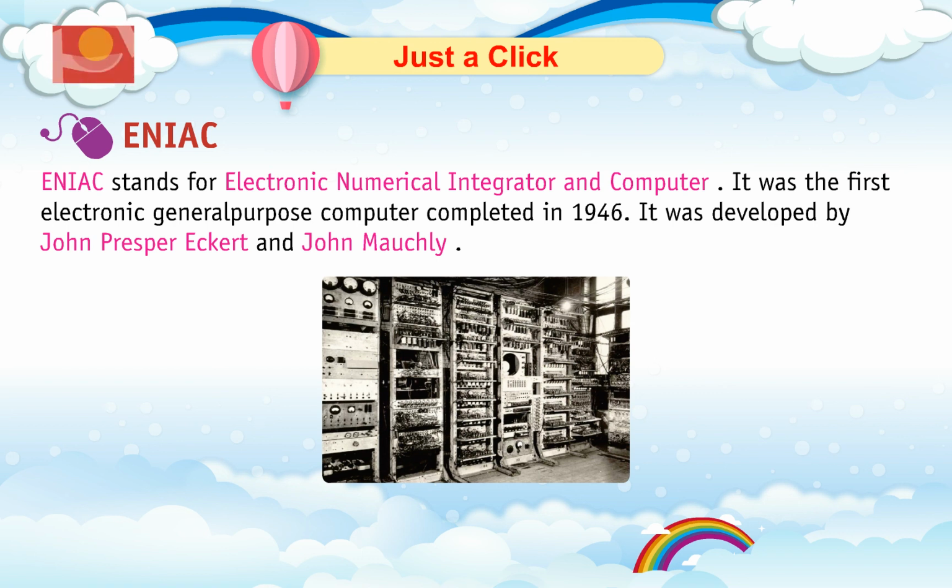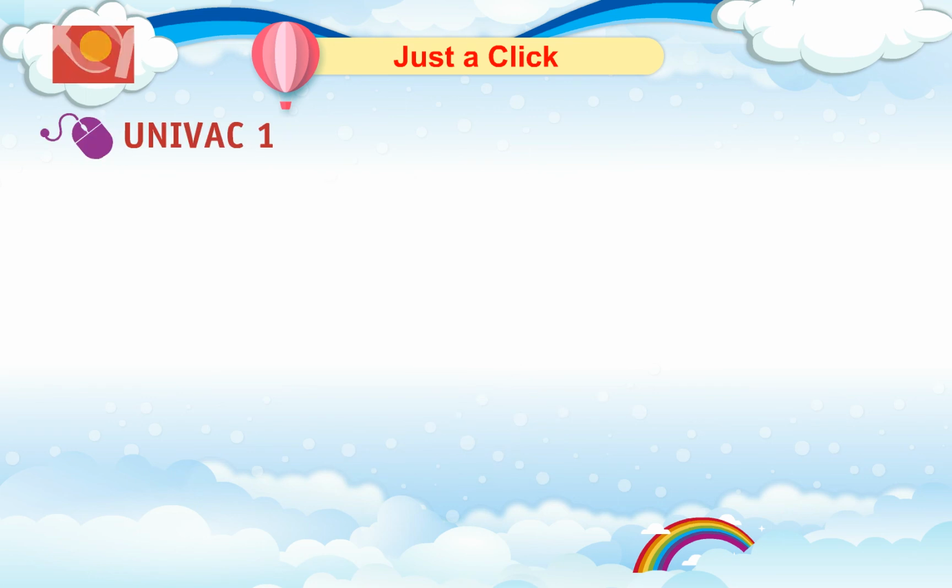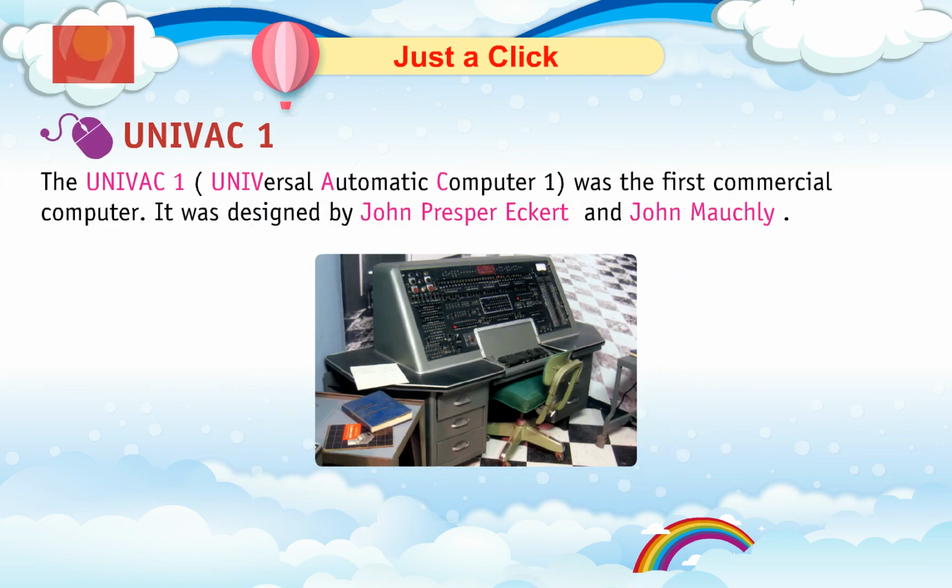It was developed by John Presper Eckert and John Mauchly. UNIVAC 1. The UNIVAC 1, Universal Automatic Computer 1, was the first commercial computer. It was designed by John Presper Eckert and John Mauchly.